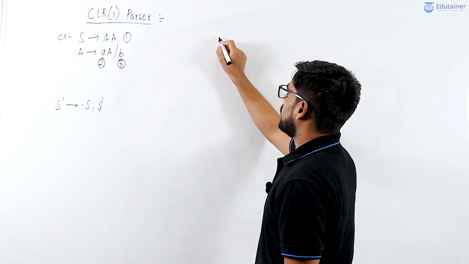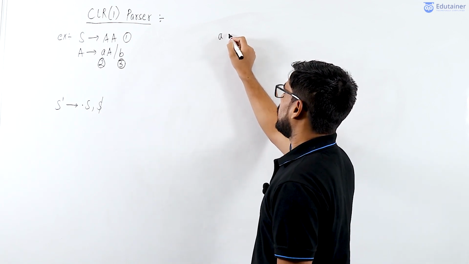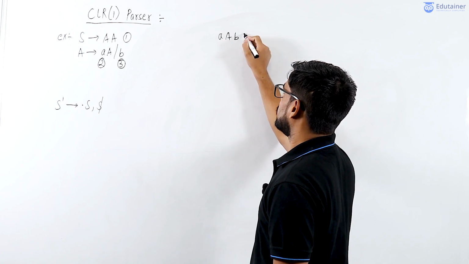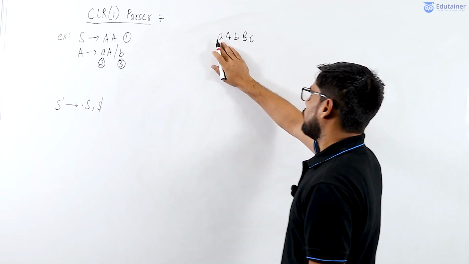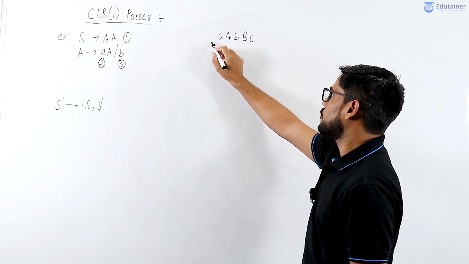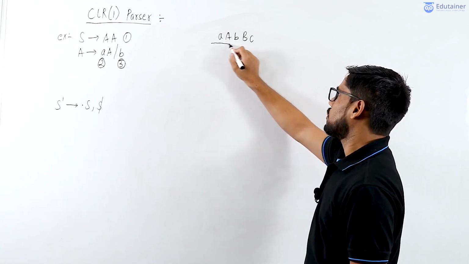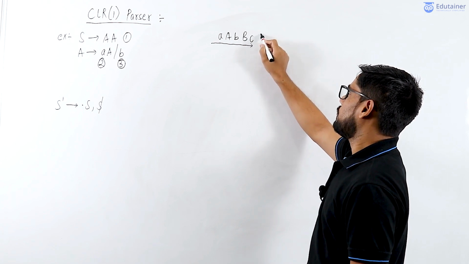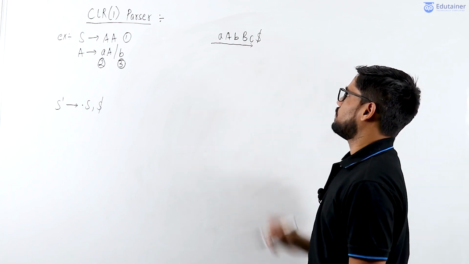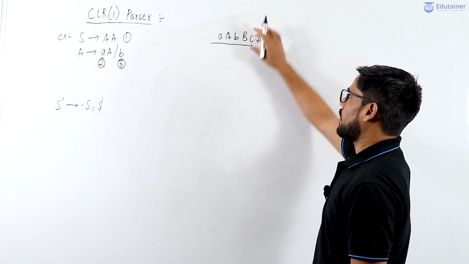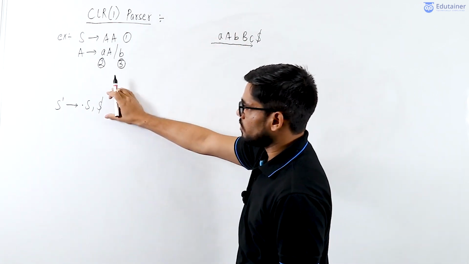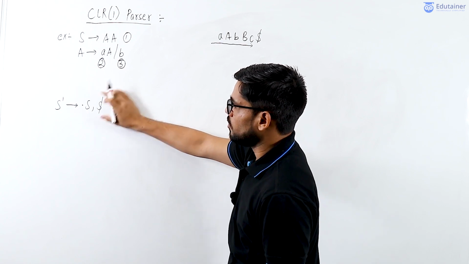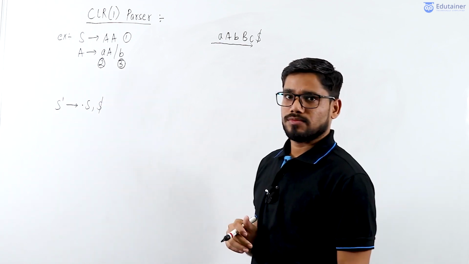Let's say the input is A, B, B, C. Whenever we scan the input related to any grammar, the input will always end with $. Okay, so every input is ended with $. That's why we add the dollar symbol as a look ahead for the augmented production.